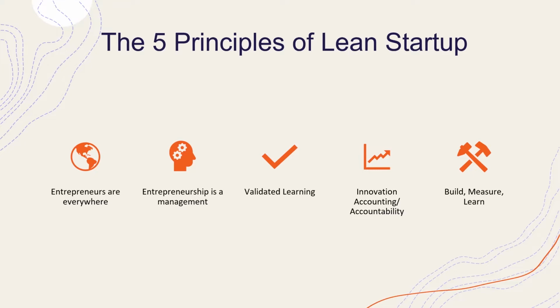Entrepreneurship is about management. It's a way to manage the provision of a new idea, the birth of a new idea. It's a way of managing the disruption of an industry. It's a way of disrupting the way people think and the way that they do business.